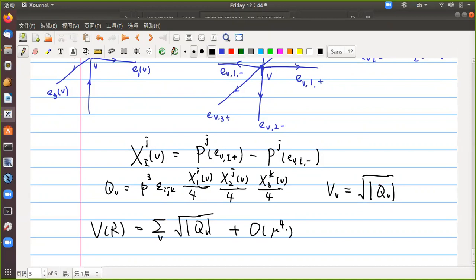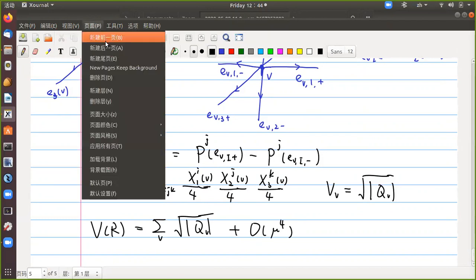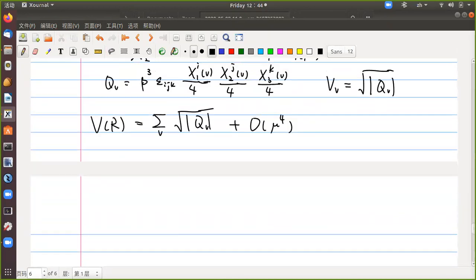The volume is of order mu cubed because this is a volume, and the higher order is mu to the power 4. And now it's your homework to check this. It's your homework to take the continuum limit of the square root of Q, and to show that it indeed converges to the volume.